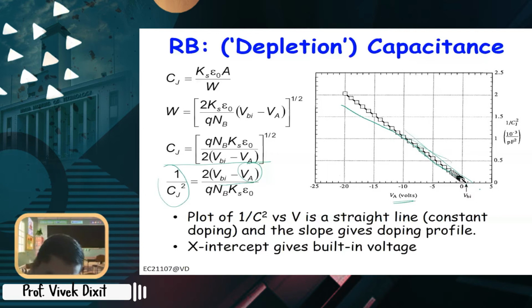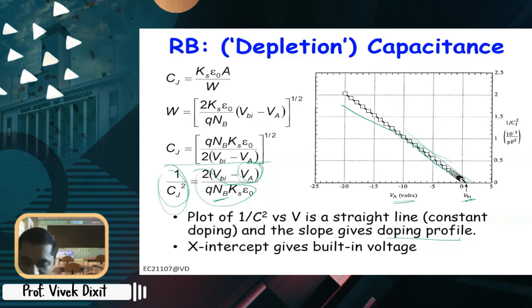Now, if you differentiate 1 by Cj square by dV, what you will get is the coefficient 2 by Q N epsilon, right? So this slope is inversely proportional to the doping because other things are constant. From the slope you can get the doping concentration. So intercept and slope will give you the built-in potential and the doping.